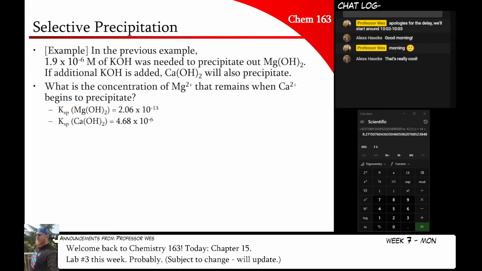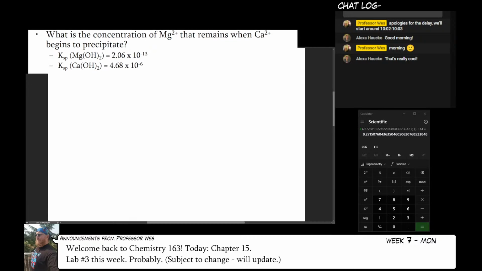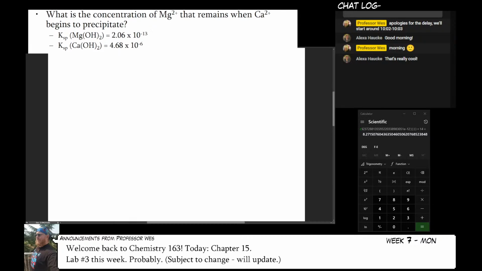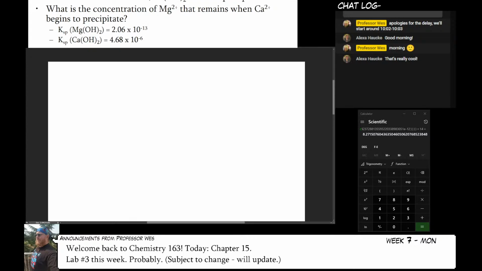So the first step is pretty straightforward. Sorry, I'm just clearing all of this out of here. And that is that we need to figure out how much hydroxide is needed to make calcium precipitate.